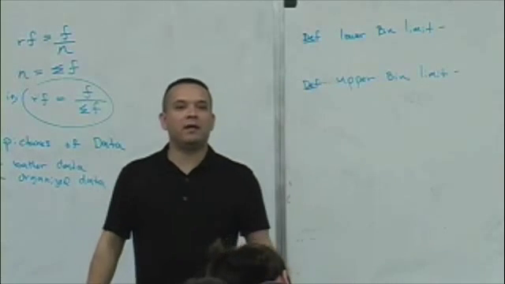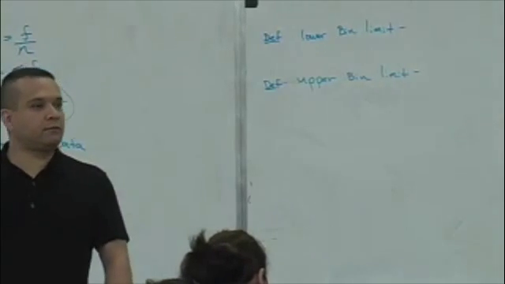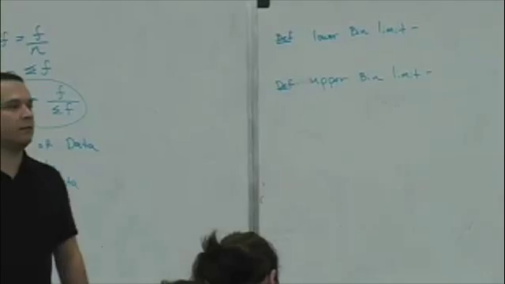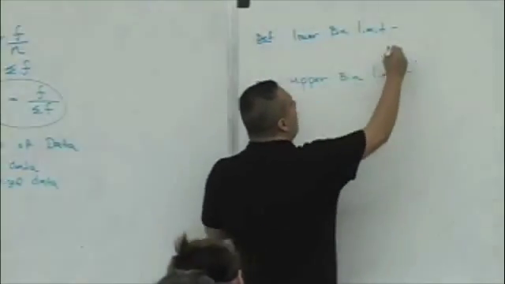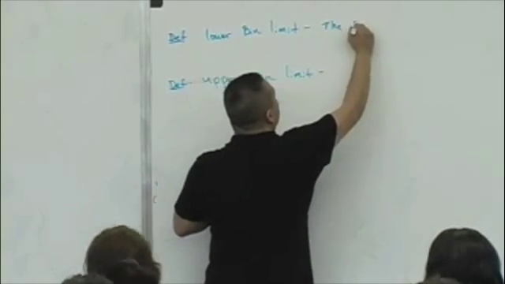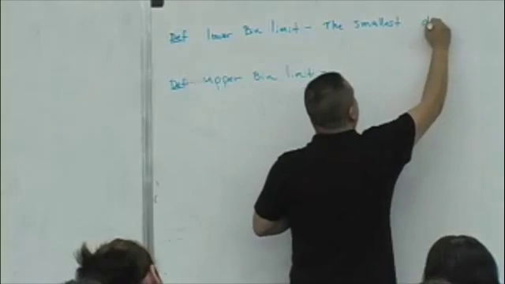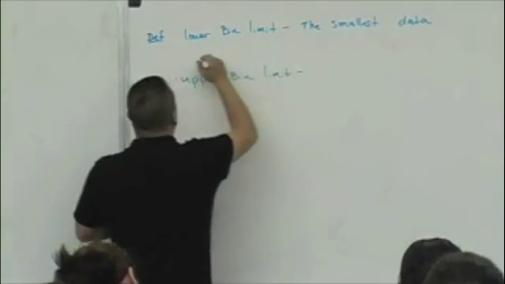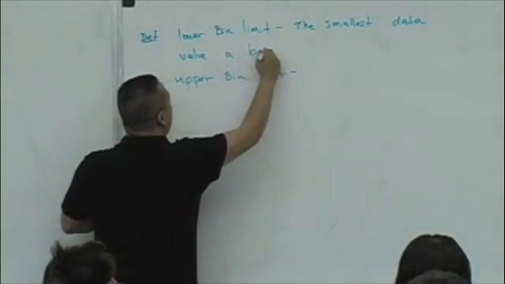Okay, the lower bin limit is the smallest data value that a bin holds.